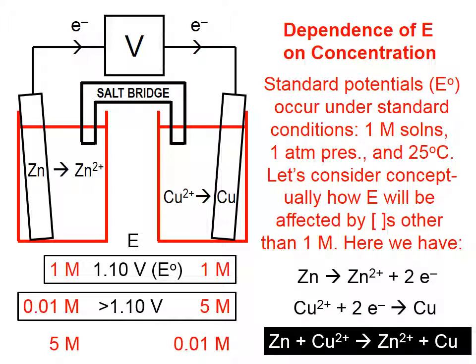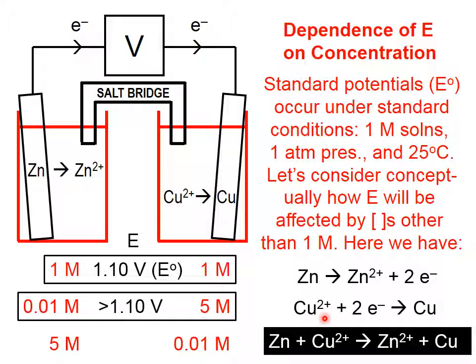What if the situation is flipped? What if we have a very concentrated zinc ion solution, 5 molar, and a very dilute copper 2 ion concentration? Again, let's ask what Le Chatelier would say about that situation.